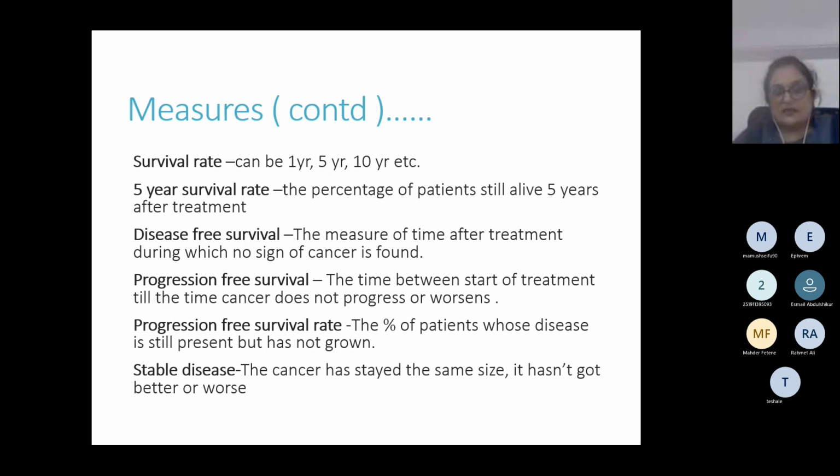You have disease-free survival. What do you mean by disease-free survival? It is the measure of time after treatment during which no sign of cancer is found.